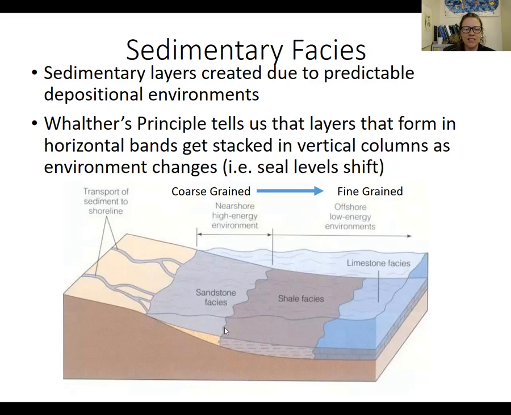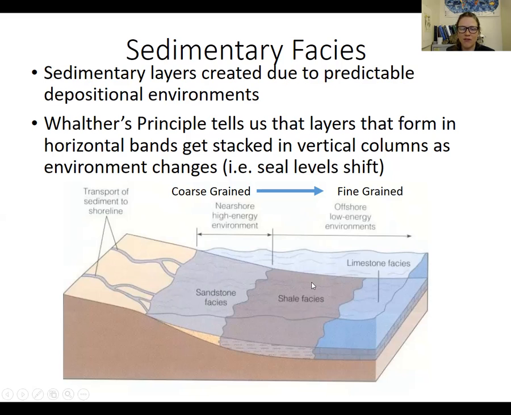So for instance, if we have a change in sea level so that the shoreline is moving offshore, then areas which previously used to have shale in them might then start to have sandstone stacked on top, because the shoreline is moving out over the area that used to have more fine-grained material.